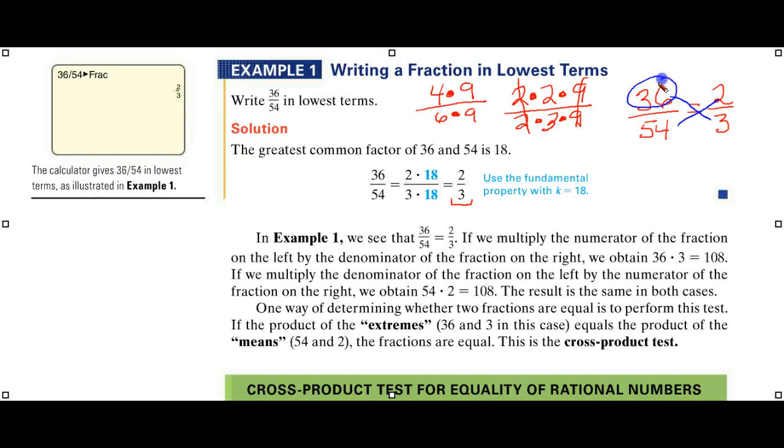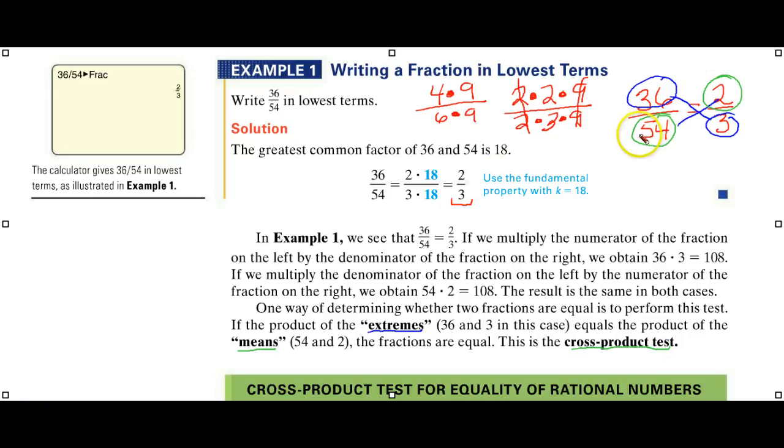What is here and what is here is referred to as the extremes, that is the furthest away if you followed through, and then the 2 in the middle, this one and this one, are referred to as the means. This is the cross product check for doing that.